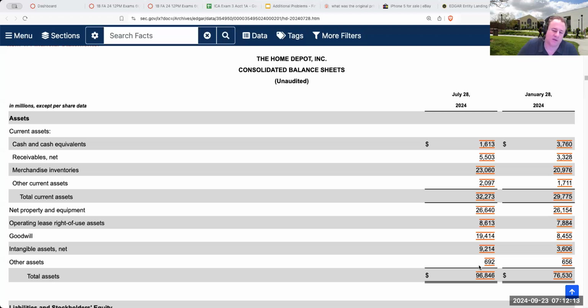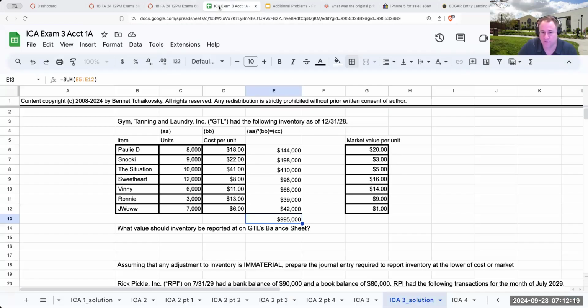So I want to make sure the amount on here is correct, shown at the lower of cost or market, so that I am not overstating my inventory. My key here is I don't want to overstate inventory. So we're going to look to see if we need an adjustment.